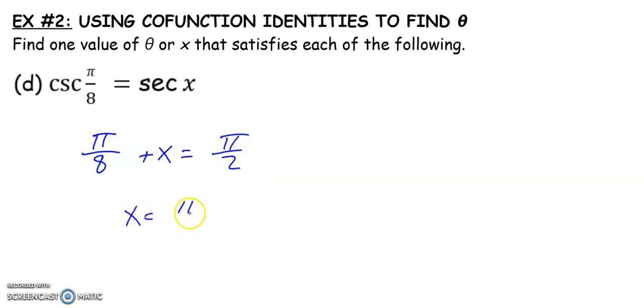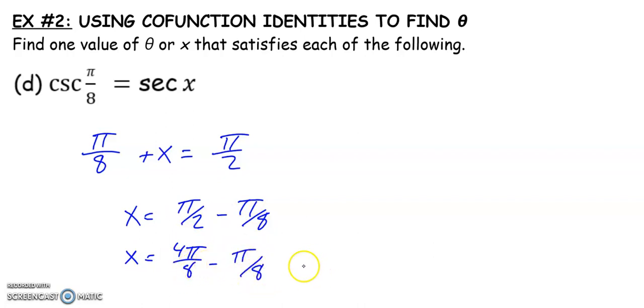So x equals pi over 2 minus pi over 8. Let's simplify this by common denominators. So 4 pi over 8 minus pi over 8. 4 pi's minus 1 pi, that is 3 pi over 8.